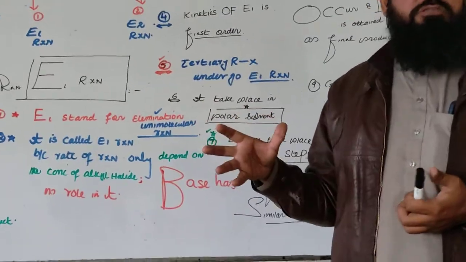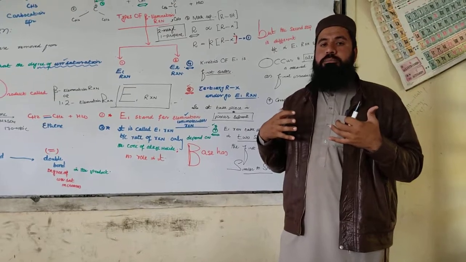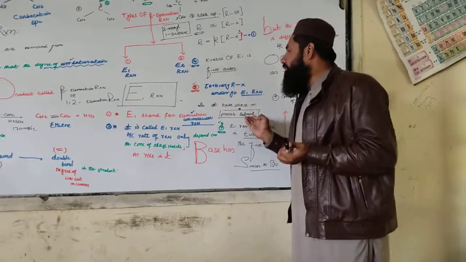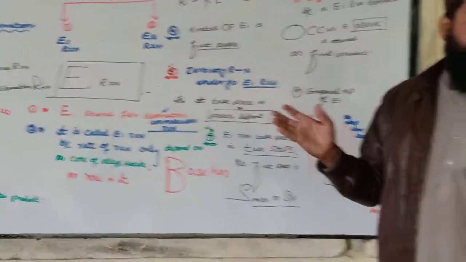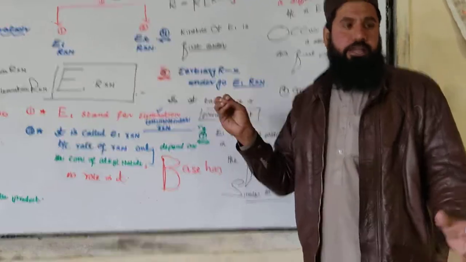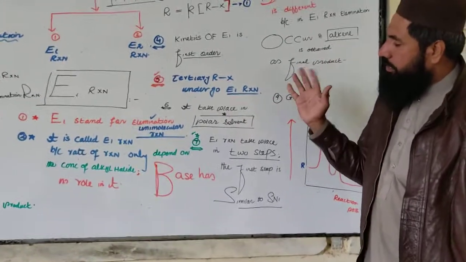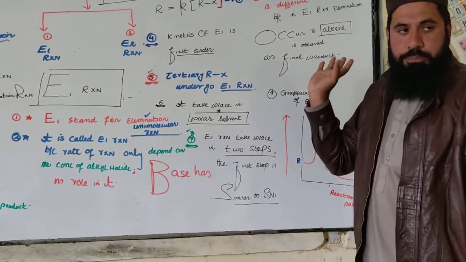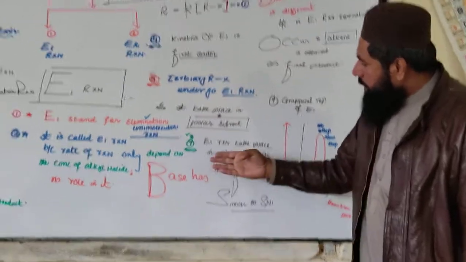All the E1 and SN1 reactions are preferred in polar solvents. When you use a polar solvent, it will definitely prefer the E1 path. So a polar solvent is also necessary for the E1 mechanism or E1 pathway.